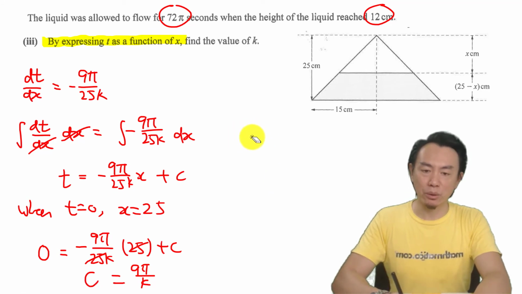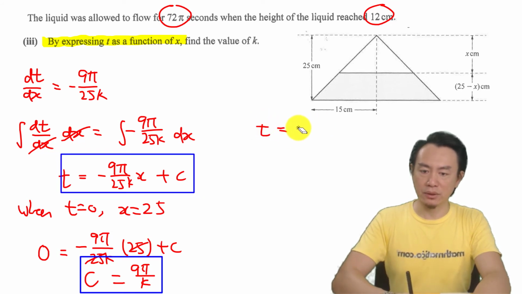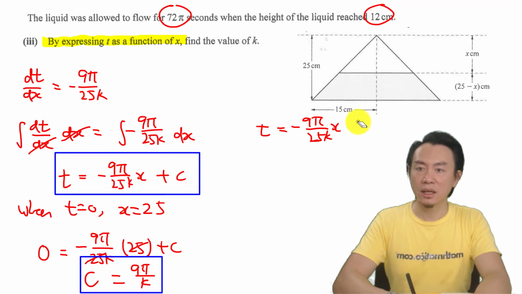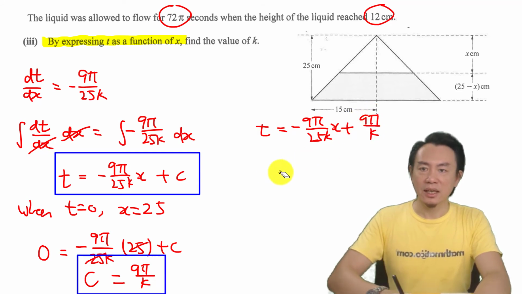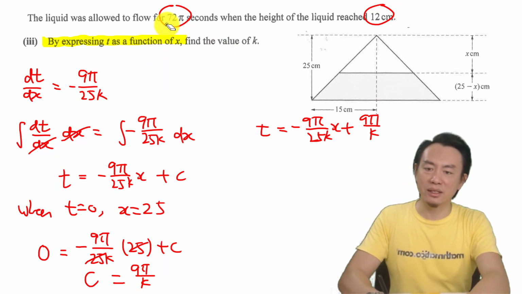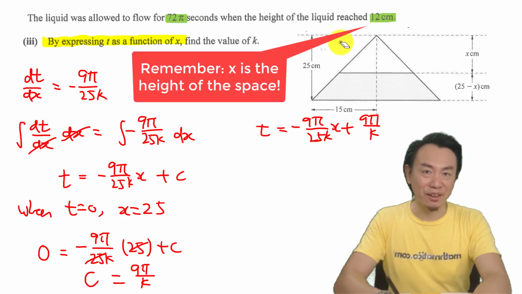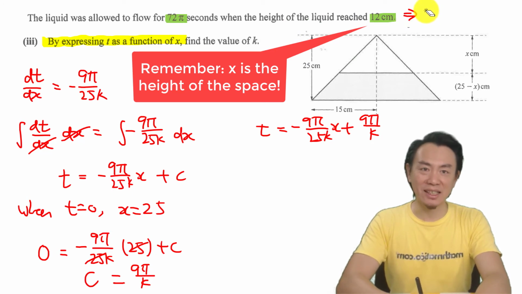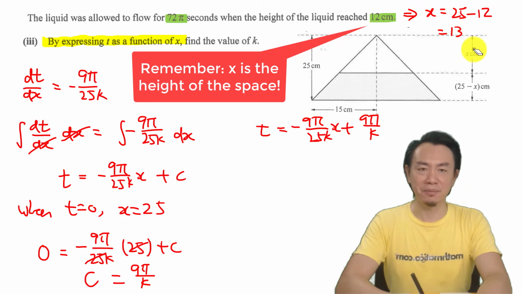And we write the entire equation down, we see that t is then equal to negative 9 pi over 25k x plus 9 pi over k. So only when we get this do we sub in this value here, 72 pi and 12 cm. The height of the liquid is 12, but again x is not 12, x is 25 minus 12, which is equal to 13 cm.